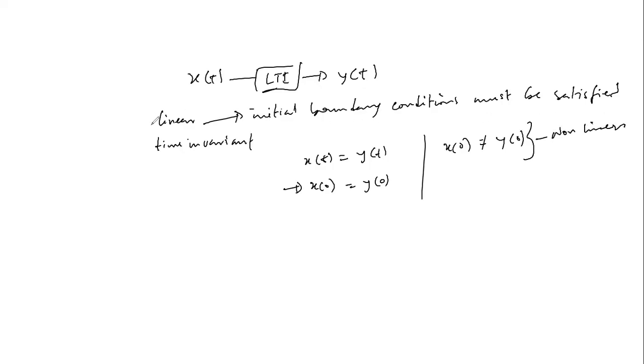Okay? So therefore, we'll have to analyze this system first by specifying the initial boundary values. And for us to do that, we'll have to investigate the zero input response.